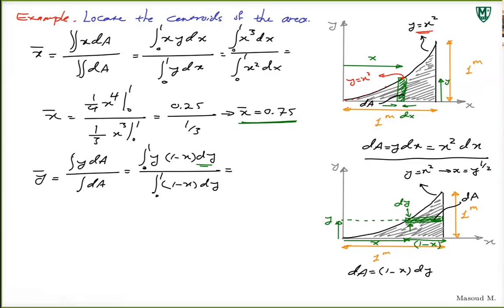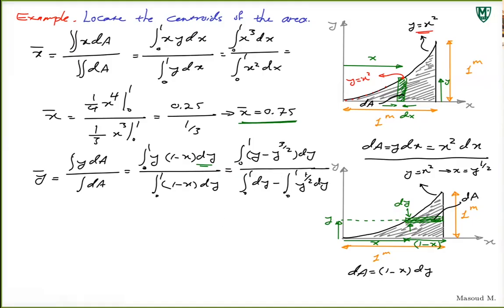If you plug that in here, you will get the integral from 0 to 1 of y, multiplied, minus y to the power 1 plus 1 over 2, so 3 over 2, dy, divided by this. You can just separate things: integral from 0 to 1 of dy minus integral from 0 to 1 of x dy, where x is y to the 1 over 2, dy.